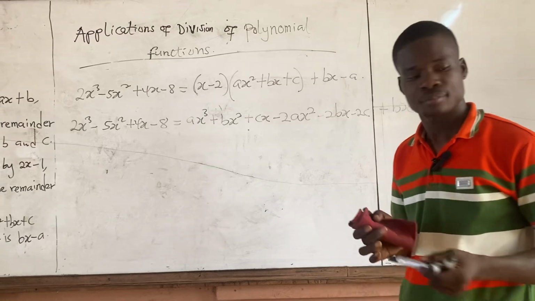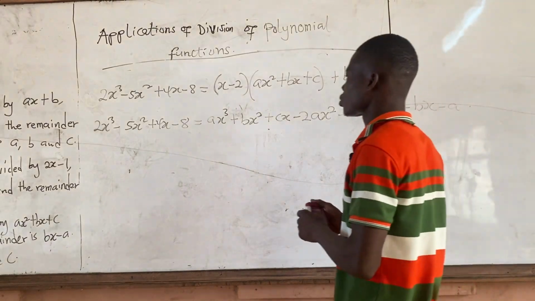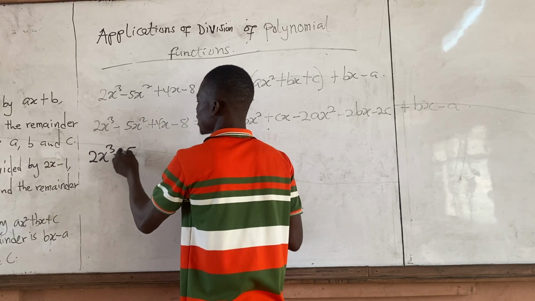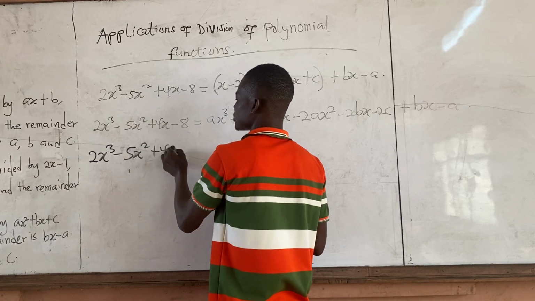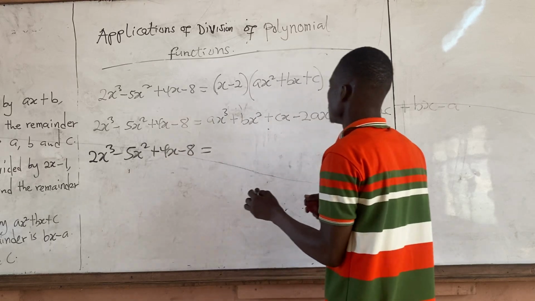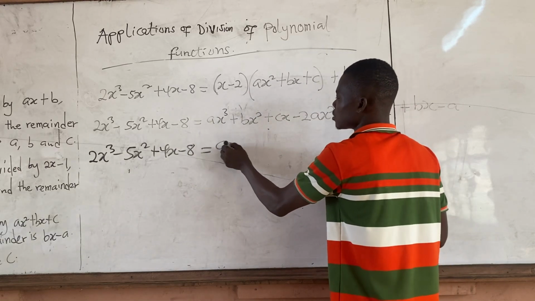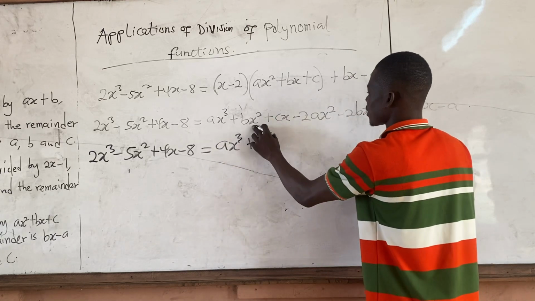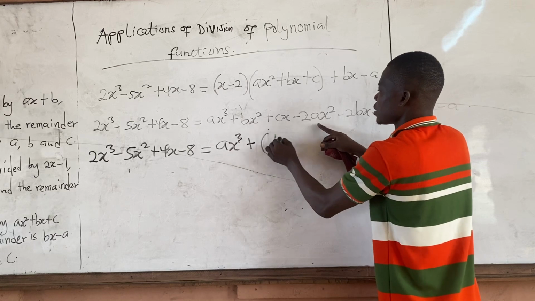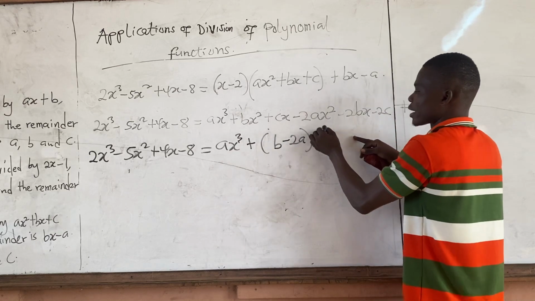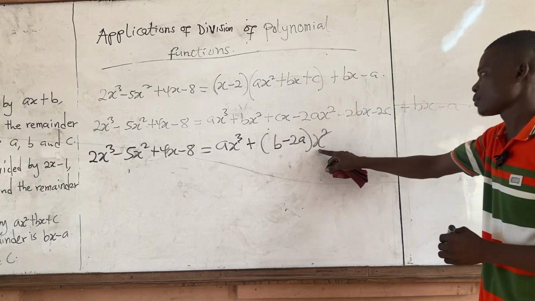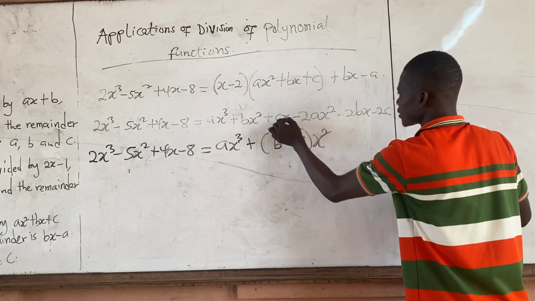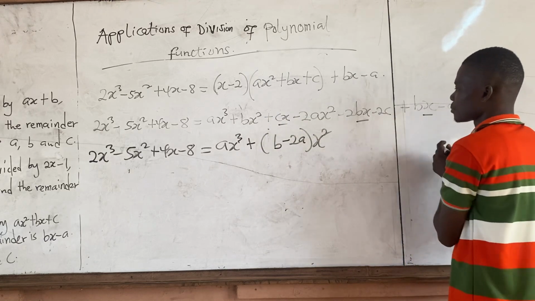So on this note, let's take time and group them. So 2x cubed minus 5x squared plus 4x minus 8 is equal to the cubes. You have only one, ax cubed. The squares, we have 2. So when you factor x squared out, we are going to get b minus 2a, or x squared. So let's check the x. That's 1, 2, 3.